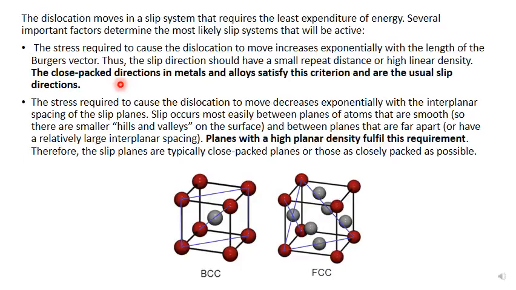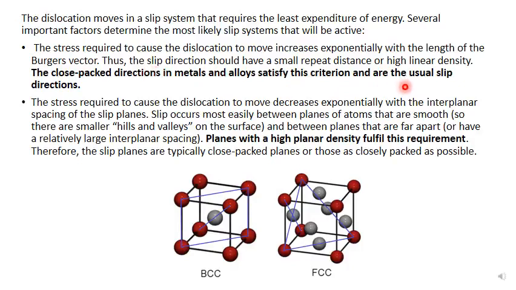First, we need to know what is the best slip direction that the slipping occurs on. And we can read this paragraph here. The stress required to cause the dislocation to move increases exponentially with the length of the Burgers vector.